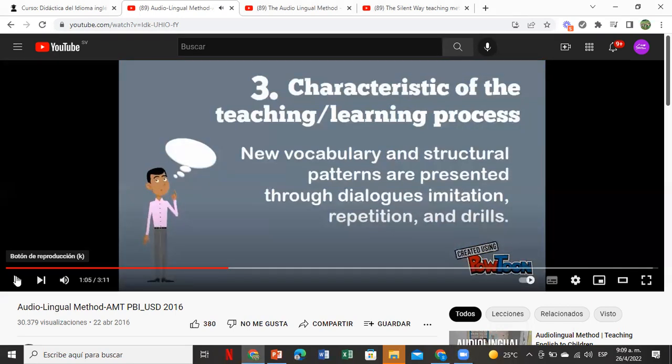New vocabulary and structural patterns are presented through dialogues, imitation, repetition, and drills. If I ask all of you, what can be a dynamic using the audiolingual method? An example, please. A song.